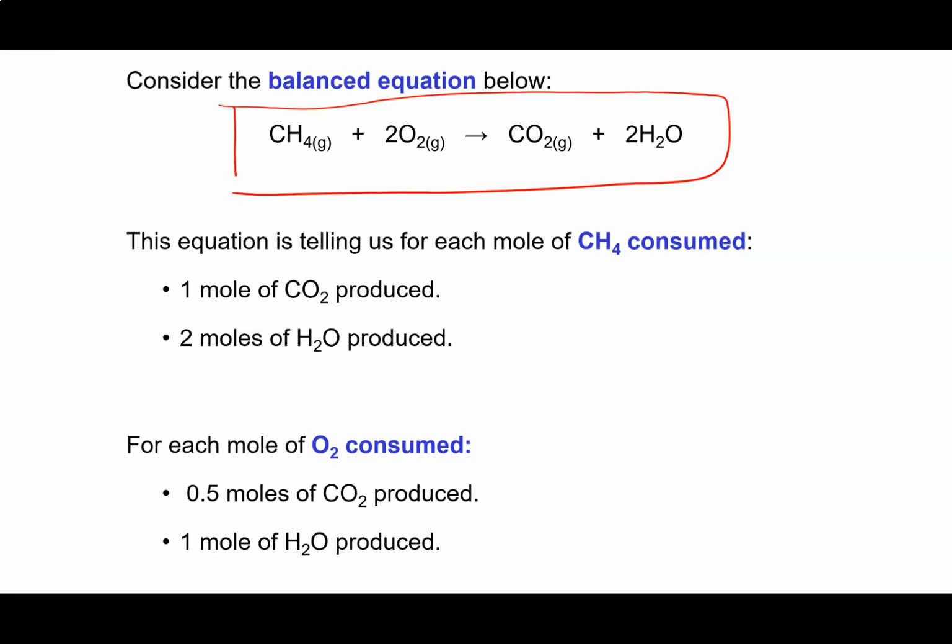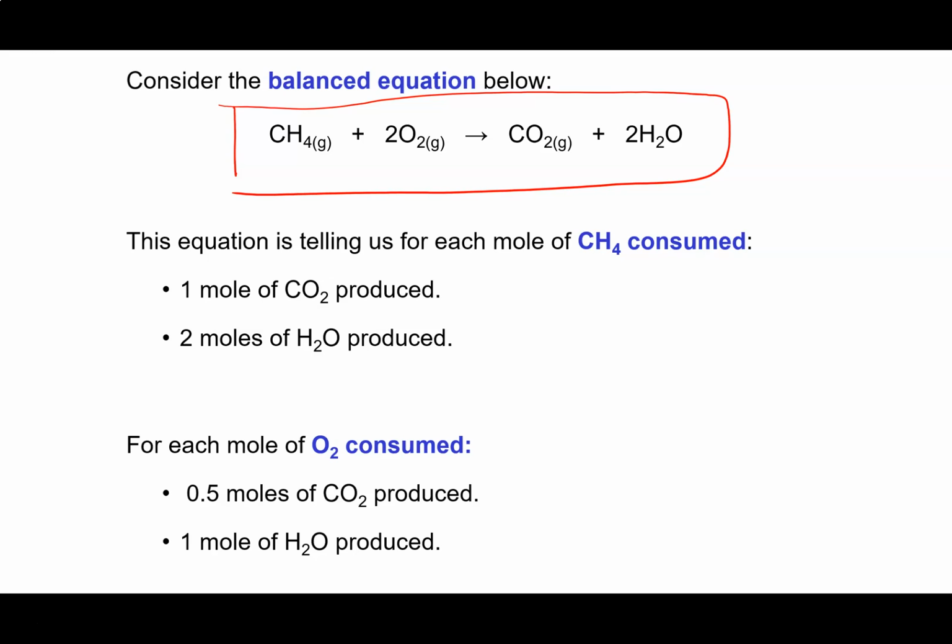This balanced chemical equation is also telling me that for every 2 moles of oxygen consumed, 1 mole of CO2 will be produced, or alternatively, for every 2 moles of O2 consumed, 2 moles of water will be produced. So they're telling you how much reactant is getting used up and how much product is getting produced.